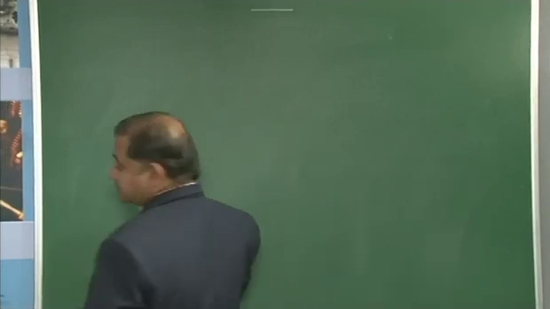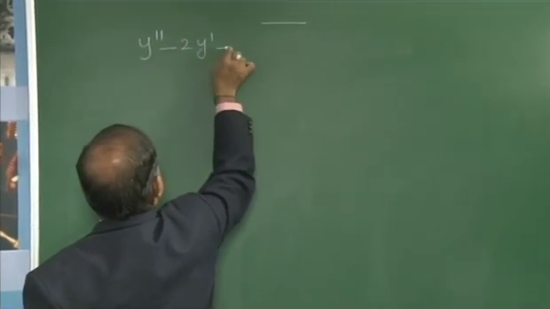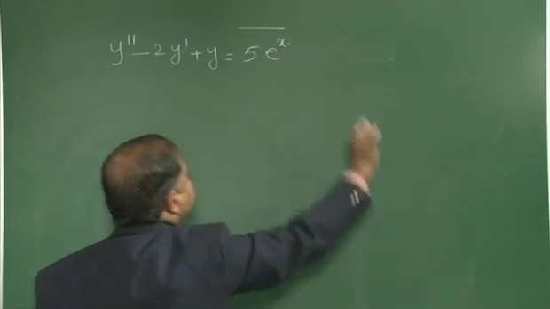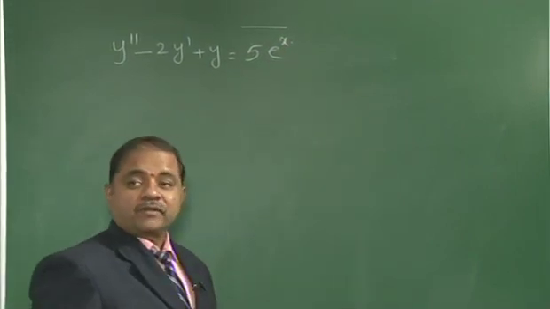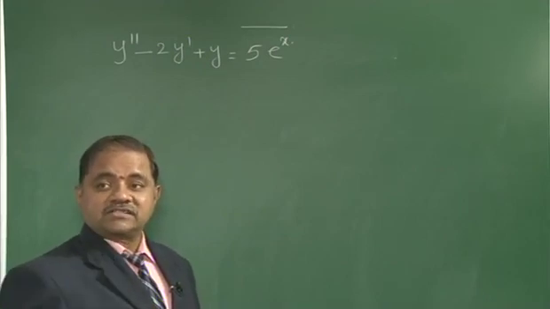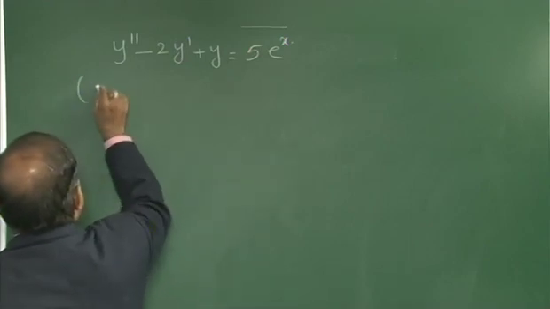y double dash minus 2y dash plus y equals 5 e power x. One more problem, 5 e power x. The left hand side we have already just now seen, correct? So what is the standard form?